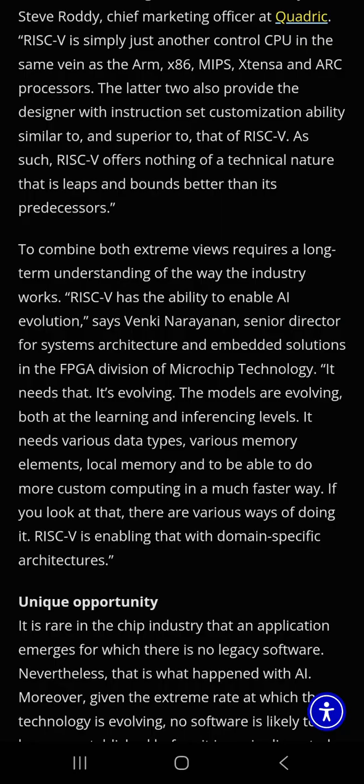"RISC-V has the ability to enable AI solutions," said Venki Narayanan, Senior Director for the System Architecture and Embedded Solution in the FPGA division of Microchip Technology. "Instead, it's evolving. The models are evolving, both at the learning and inferencing levels.